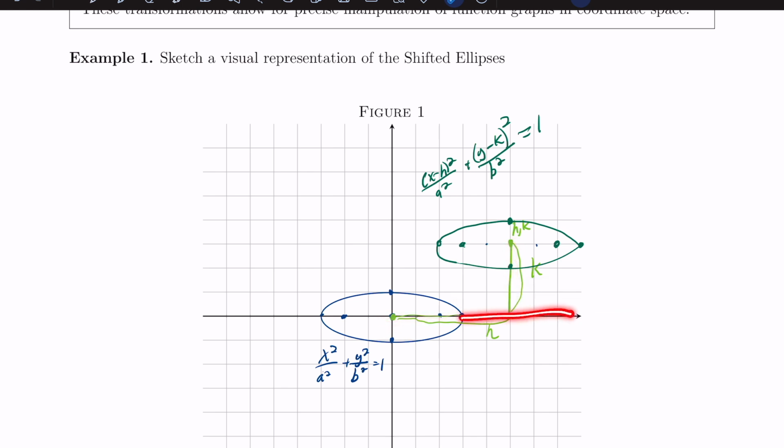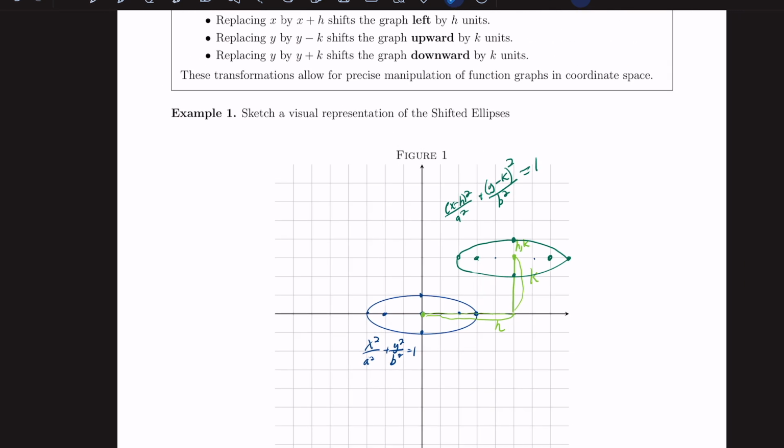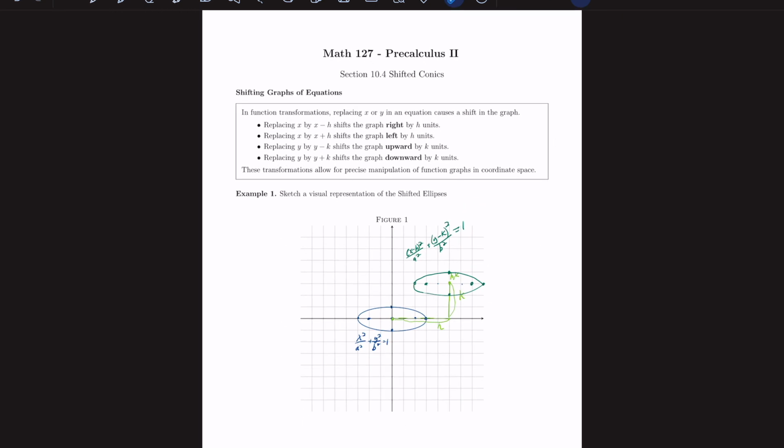This point will go over h, in this case would be 1, 2, 3, 4, 5, same as before, and up 1, 2, 3, and so these points are the same. This again will be over 1, 2, 3, 4, 5, and up 1, 2, 3, and so these points will be moved over h and k. So we're just moving everything over by h and k. All right, so let's look how that looks on the next page.